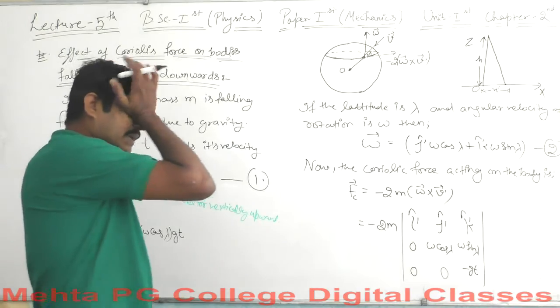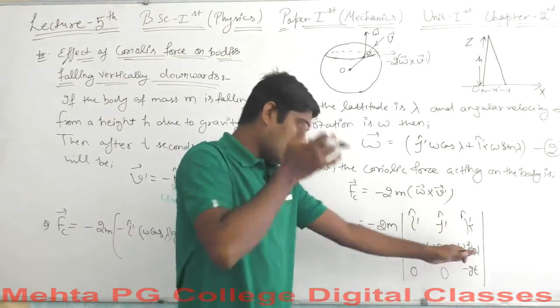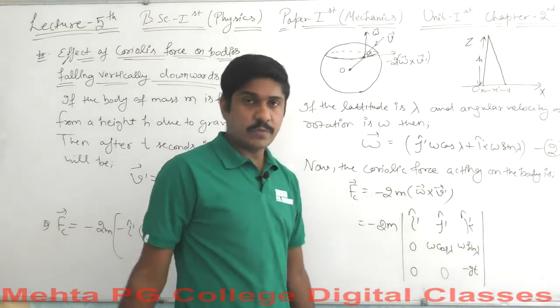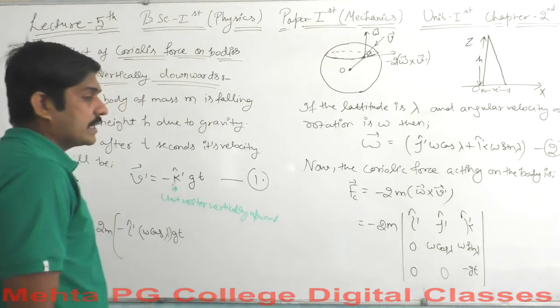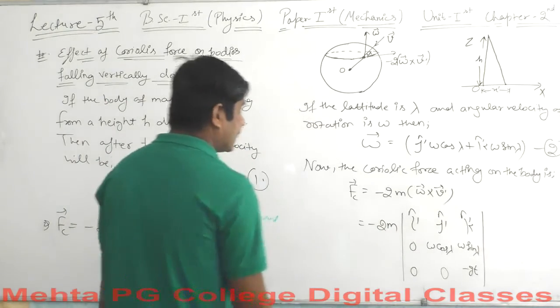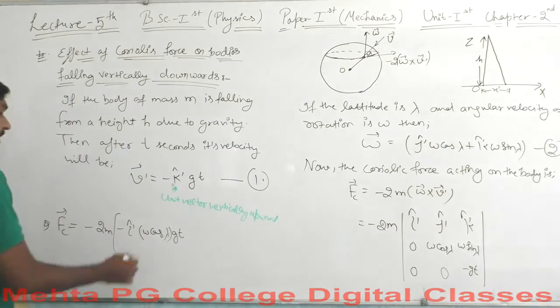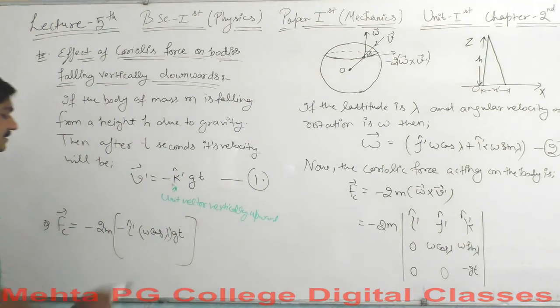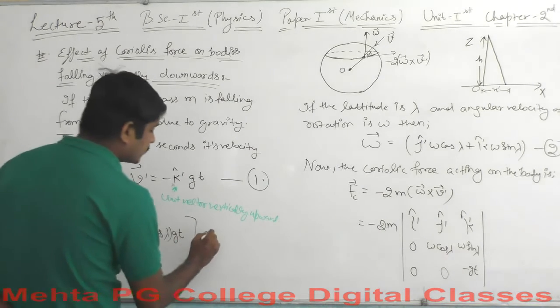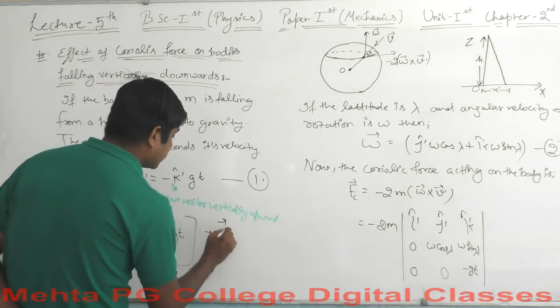For the j dash cap, all these values will be 0, so there is no component of j dash cap. For the k dash cap, again the components will be 0. So we have only a component associated with minus i dash cap, and this is minus again.